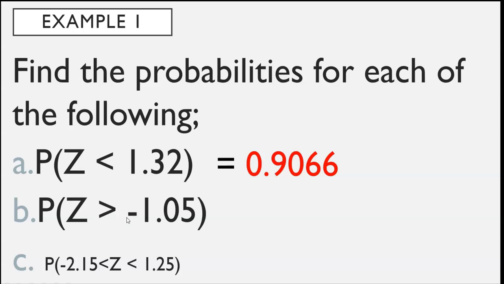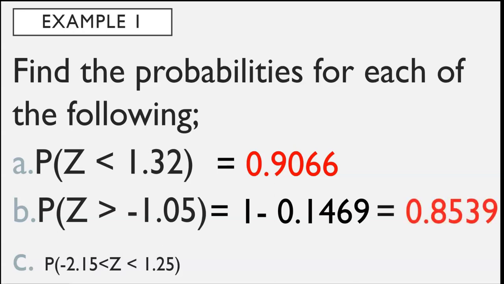So the rule is to subtract our area from 1. So 1 minus 0.1469 is equal to 0.8539. Hence, the probability at the right of negative 1.05 is 0.8539 or 85.39%. Let's proceed to the next notation.